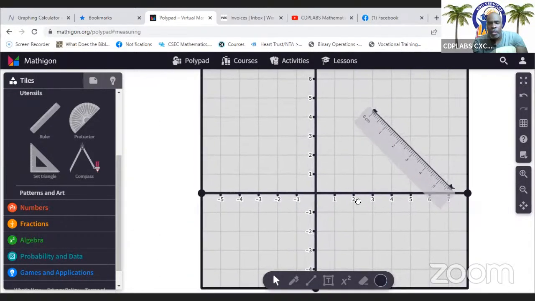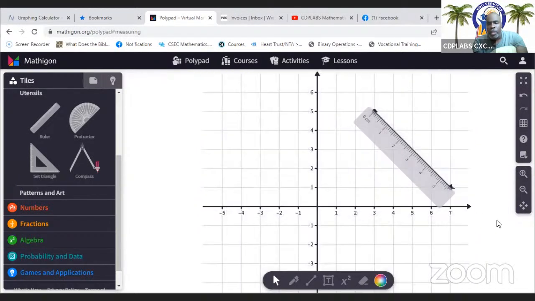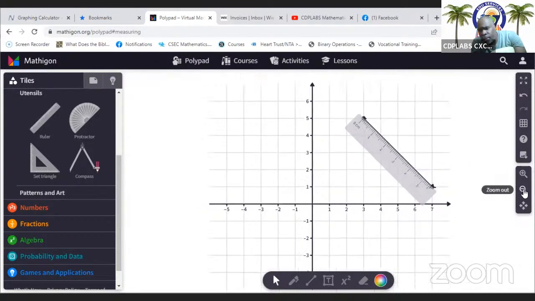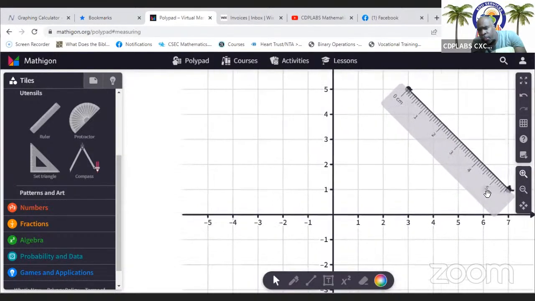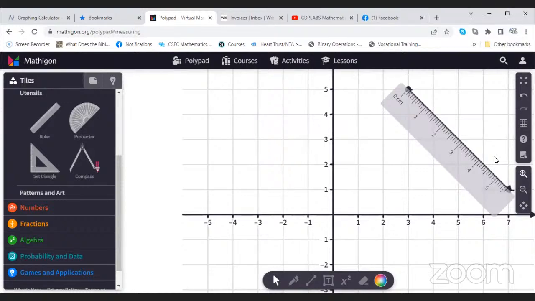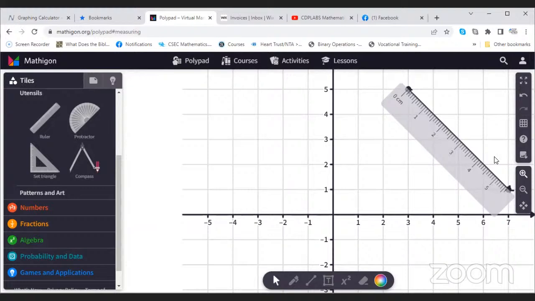Let's go ahead, 3, 5, 7, 1. So it's approximately, if we can see it clearly, 5.5, 5.6 something, all right? So approximately 5.7, good. See, if you sketch a graph like what I did, you can easily find the length of AB. Make sense?